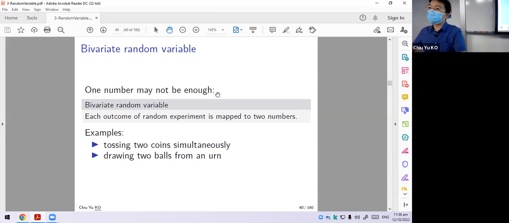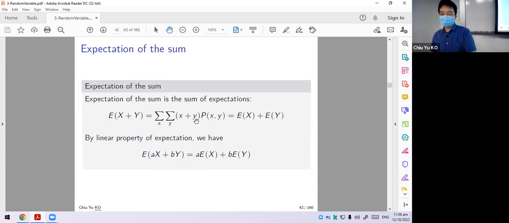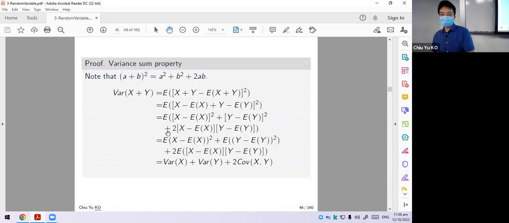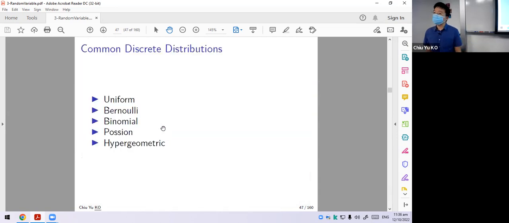And in this class, we focus on the case that they are independent, right? When independent, then basically you can consider them separately, right? So that means that we don't really need to go into the details. The variance of the sum will be the sum of the variances, okay? So that makes things simple, okay? So that is what we will be doing for most of our cases, okay?